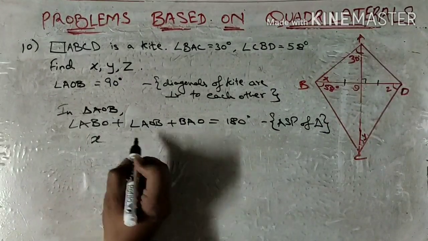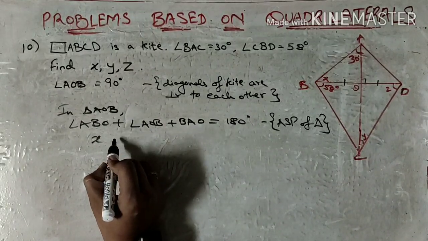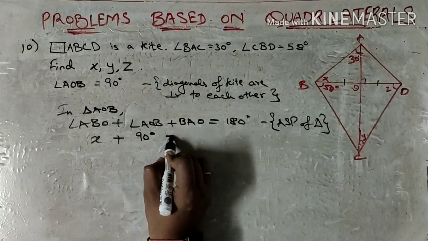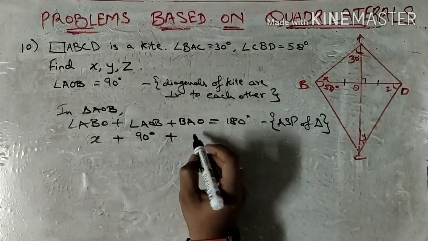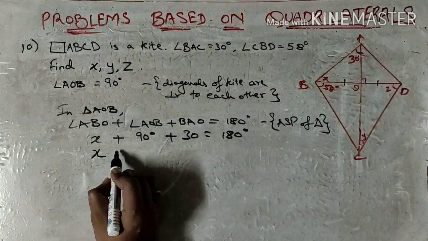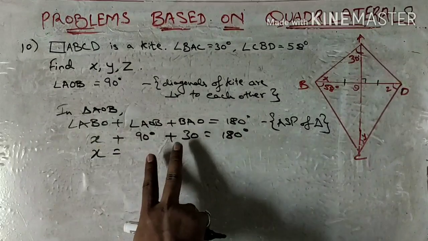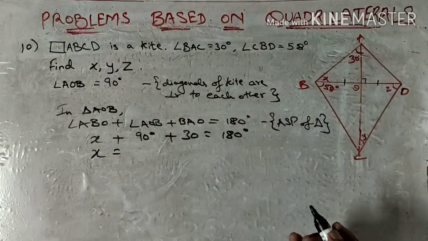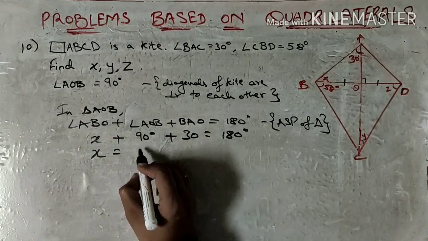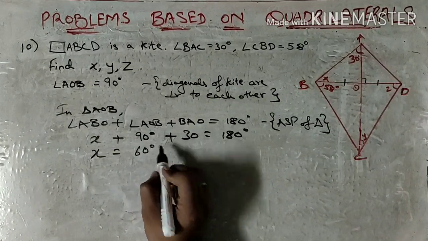ABO is X, one of the most wanted variables. Angle AOB is 90 degrees. Angle BAO is 30 degrees. So we find directly, without wasting much time, 90 plus 30 is 120. Subtracting 120 from both sides gives 180 minus 120, and it is 60 degrees.